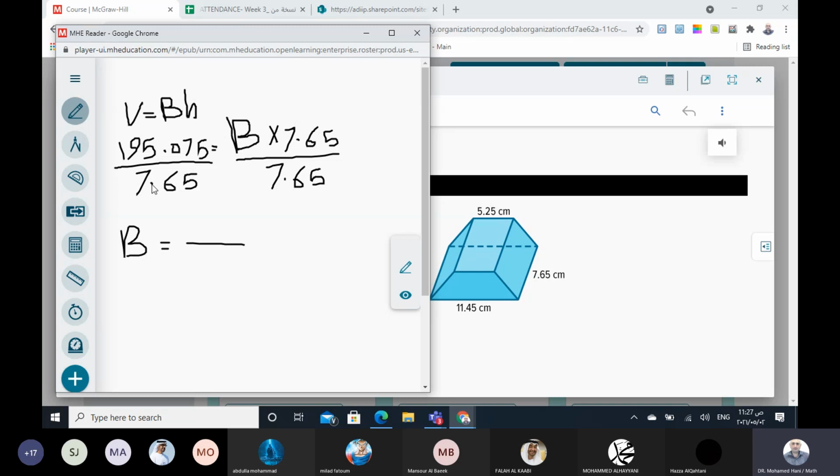So the answer will be 25.5. Okay, who can tell me what the unit is here?